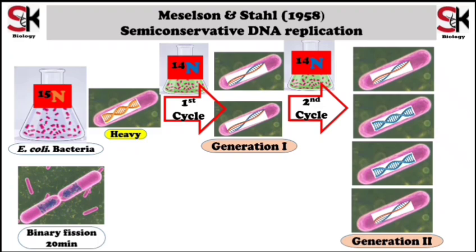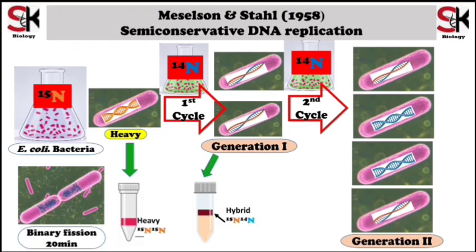In the first step, they got a DNA band near the bottom of the tube. It contains the N15 isotope, that is the heavy isotope. In the second step, that is in the first generation, they got a DNA band in the middle of the tube as it contains hybrid DNA with both isotopes, N14 as well as N15.